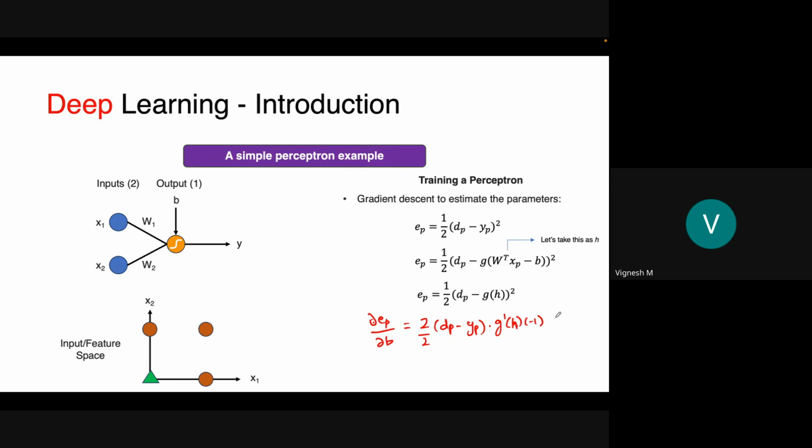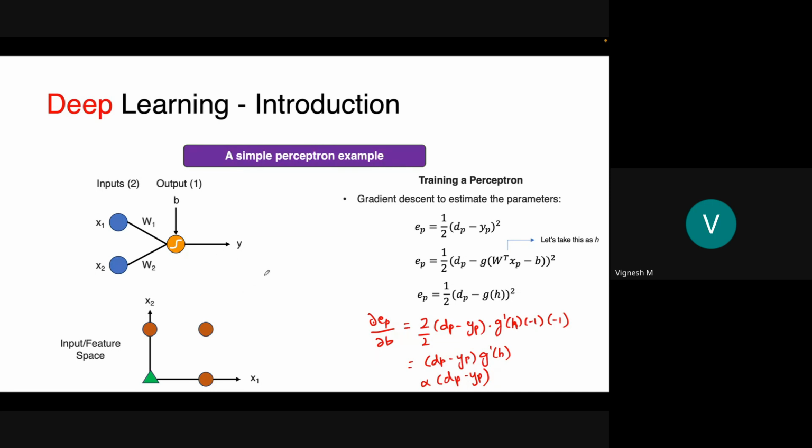And this time, no xp, because the differential of h with respect to b is 1. So this is going to be dp minus yp into g dash of h, or it's proportional to dp minus yp. So the change is nothing but the error itself.